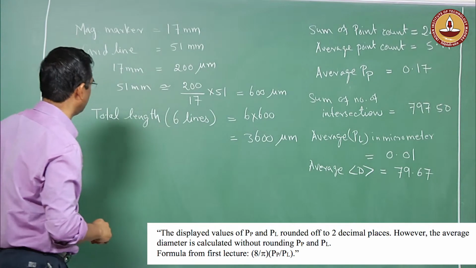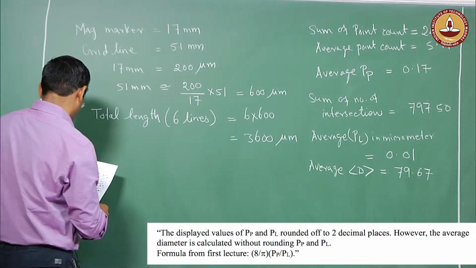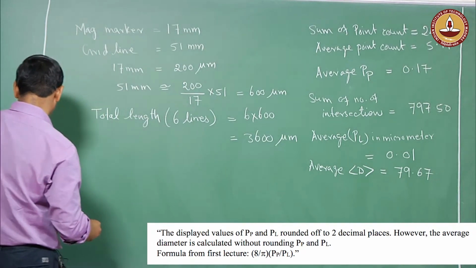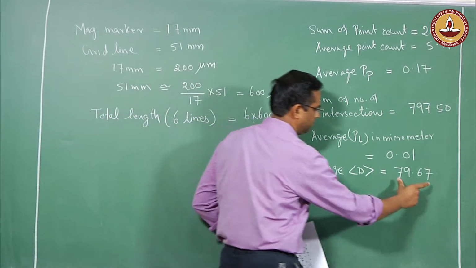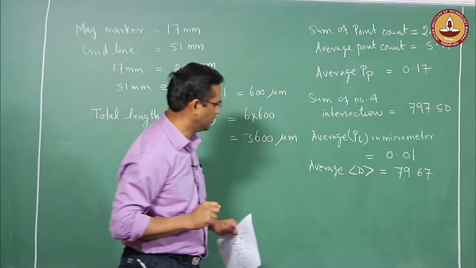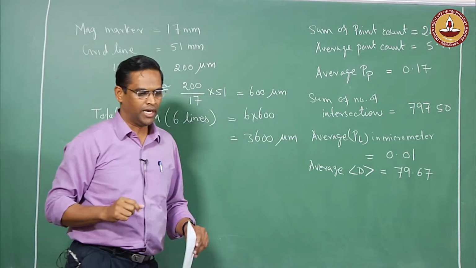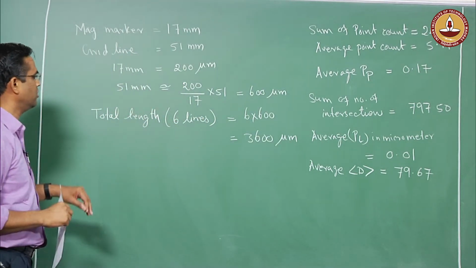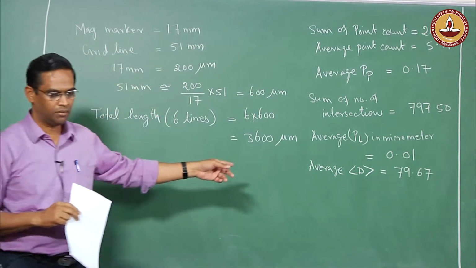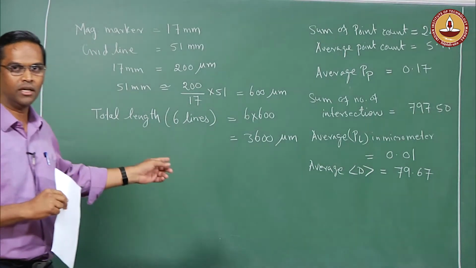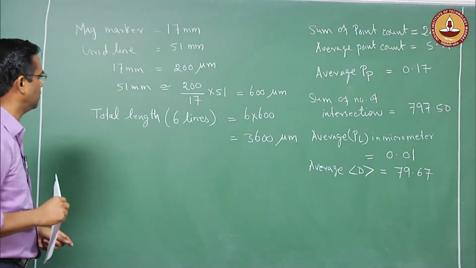So, you can relate this number, 79.67. I will also write a few expressions which relate this diameter with the mean intercept length, and some other stereological relations I will also show.